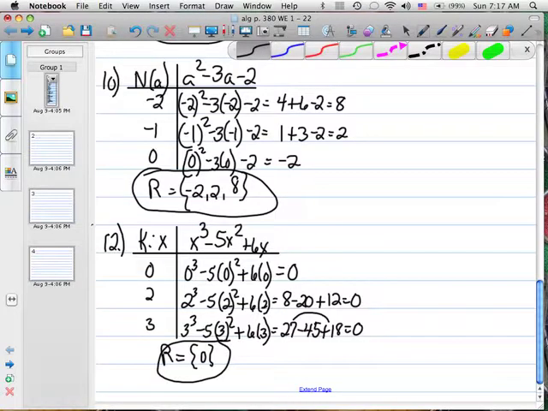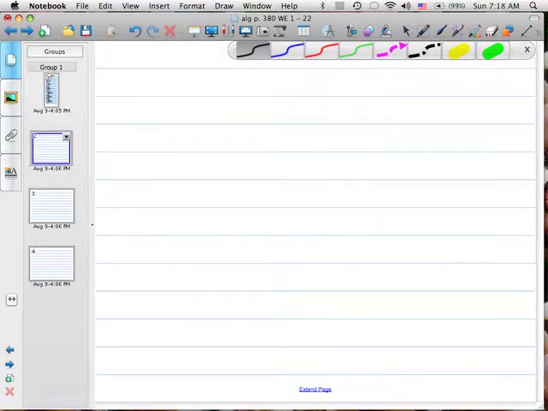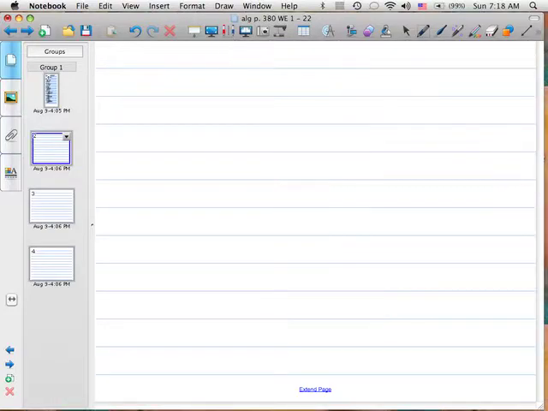The next set of problems, we're to find the values for each given function with the set of real numbers as our domain. So number 14, A, we're going to evaluate function P at 2.